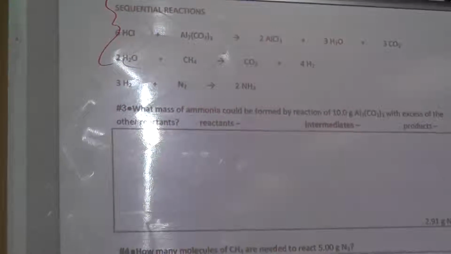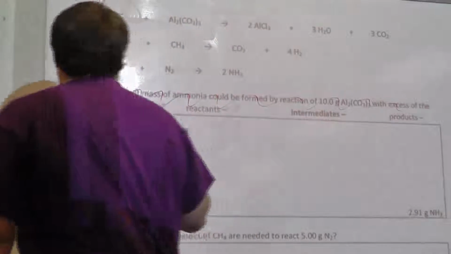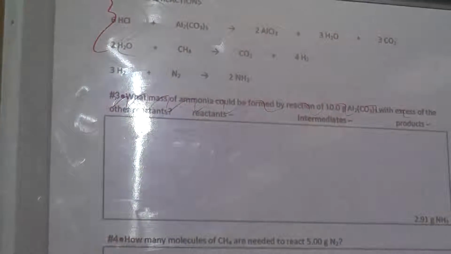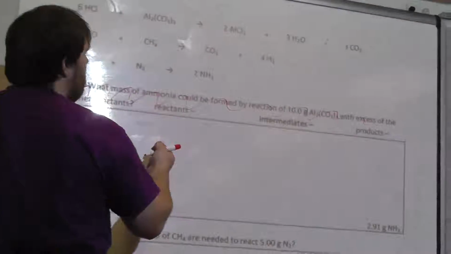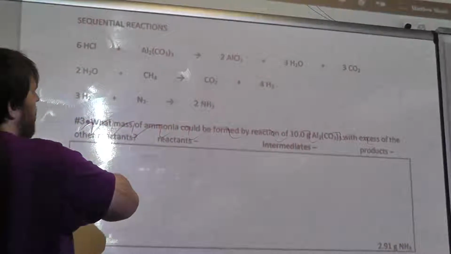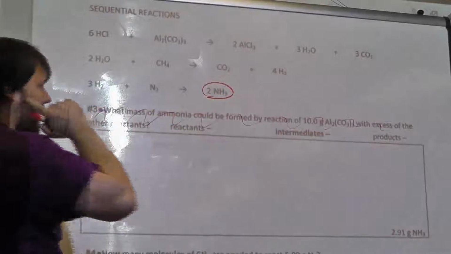We were given grams of ammonia, so that's where we're going to be starting for this one. So you don't see 3 here. What you really see is 5. And we do the work there for it. Okay, so you're starting off with 2.83 grams of ammonia. So you're starting off where? In the reactions, where's the only place that there's ammonia? The very last one, at the very bottom. That's where we're starting.